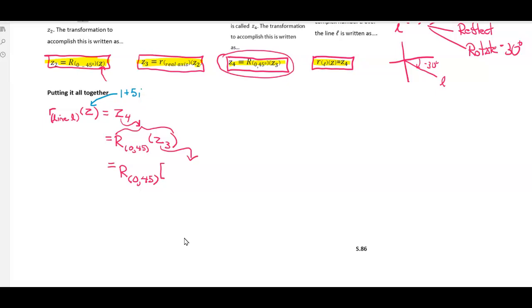What's Z3 equal to? Well, I'm going to take out the letter Z3 and I'm going to put R, real axis, Z2.